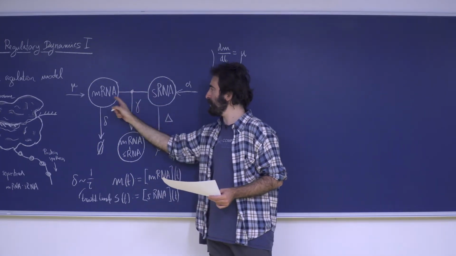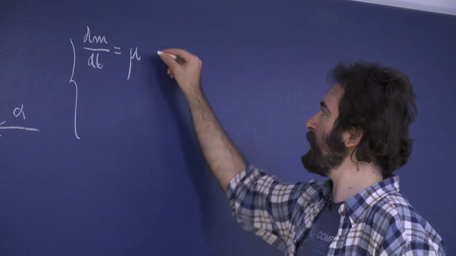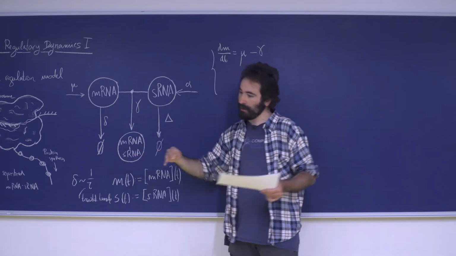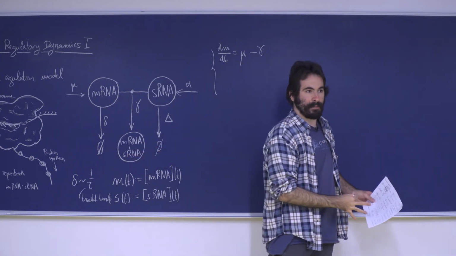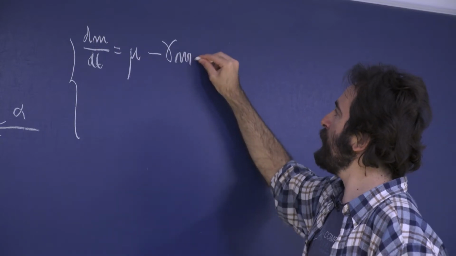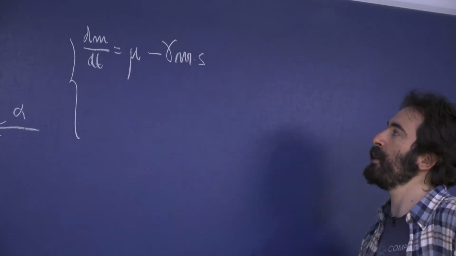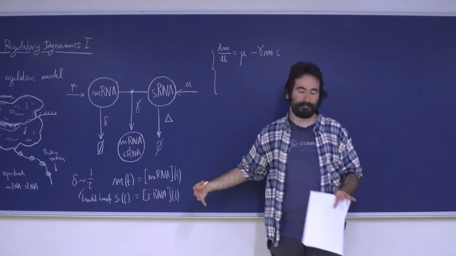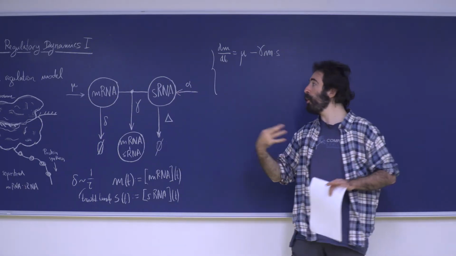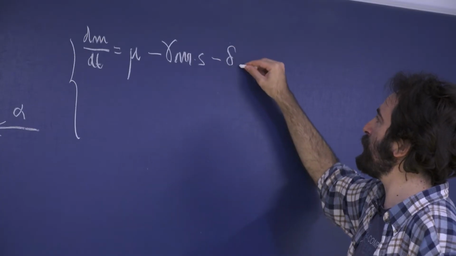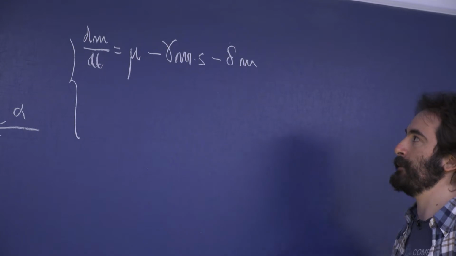There's an interaction here, governed by this coupling gamma. And this interaction is inhibitory, right? Because once they're bound, this is sequestered and it no longer can be expressed. So there's going to be a minus sign here. And this is the coupling between the mRNA and the sRNA. But finally, mRNA will either be expressed or translated, or will be decaying. So we are going to pull everything together with this parameter delta.